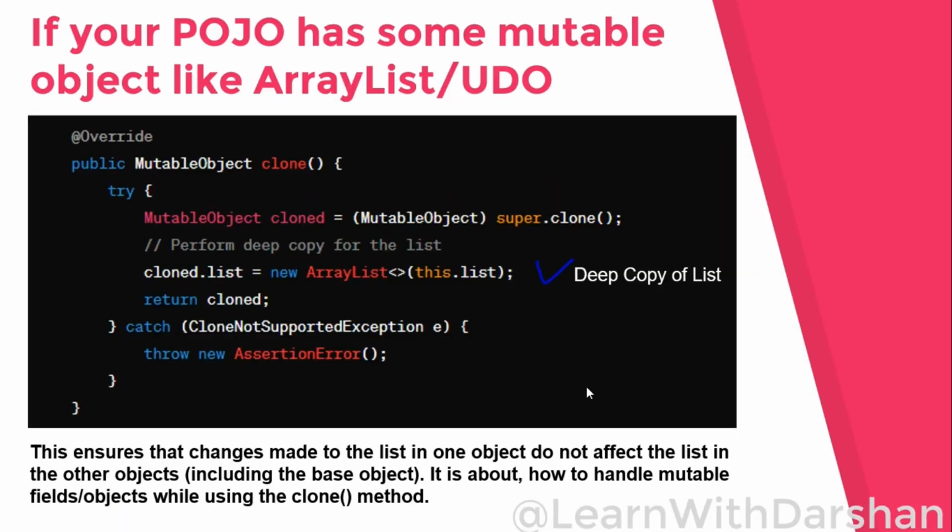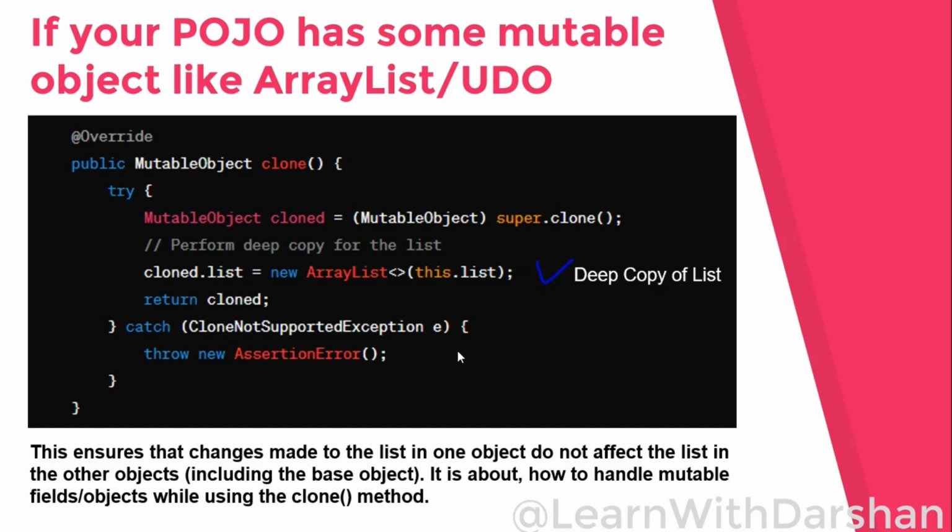Let's see an example: what if you have a mutable object like an ArrayList or user-defined objects in your class? As I mentioned earlier, you need to provide a deep copy for them. So here I have a class named MutableObject. I have overridden the clone method, and in that method I have provided a deep copy for the ArrayList. I am creating a new ArrayList and passing the list object into it.